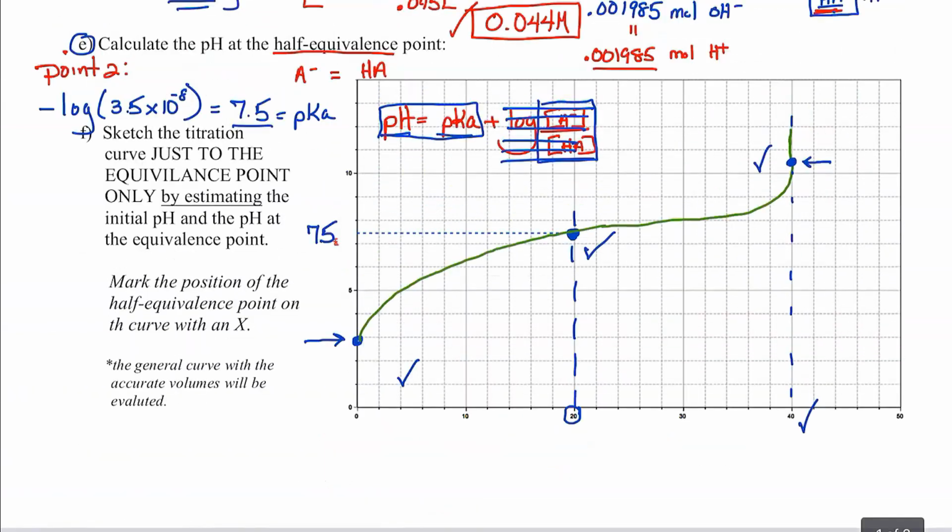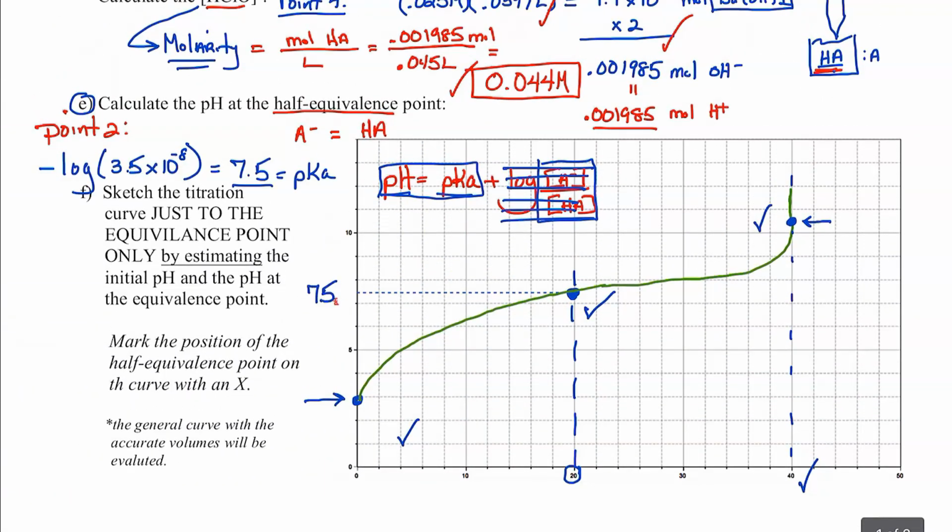For my people, I make my people know that at this point here, there's 100% A negative and 0% HA, theoretically. And at this point, it's 50%. And the reason I make you write that is so you can see the A negative and HA. In the beaker before we started, we had 0% theoretically A negative and 100% HA.